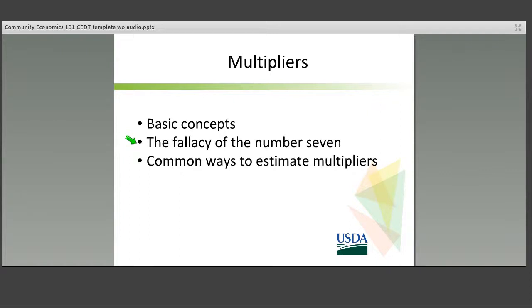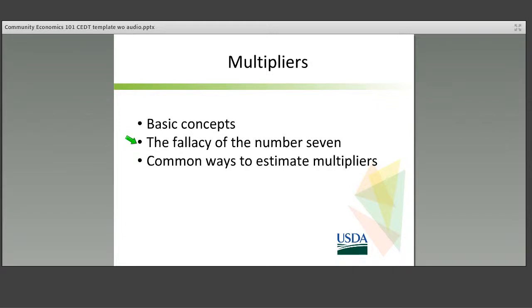There's no study that has ever shown anything like that. A more common number would be 1.5. So if you get a shock of $1, positive or negative in the economy, then it's going to translate into $1.50 by the time all the multiplier effects kick in. So it's much lower than most people might imagine.